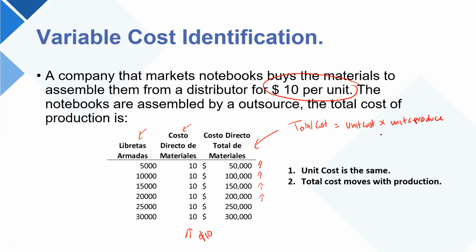Really simple, it's just a multiplication. See that this is a variable cost in the total analysis, but it's a fixed cost in the unit analysis. The unit cost is the same, the total cost moves with production. Even though this is variable, I want you to understand that a variable cost in the total analysis should be fixed in the unit analysis, because the raw materials are fixed per unit, but they vary with production.